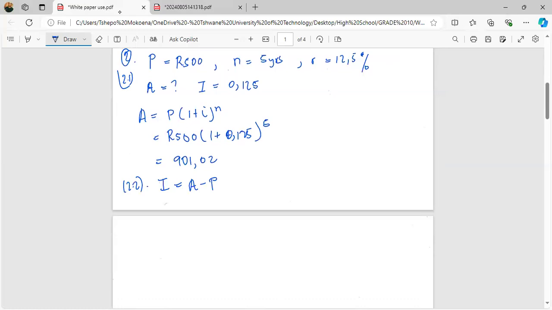It's simple. So you're going to say 901.02, subtract the principal amount, which was 500 rand. So what does Katlego earn on top of his 500 rand? This is 401.02 rand. So Katlego got an interest of 401.02.